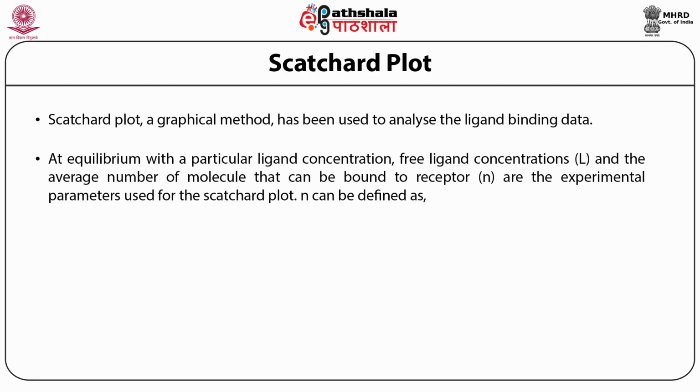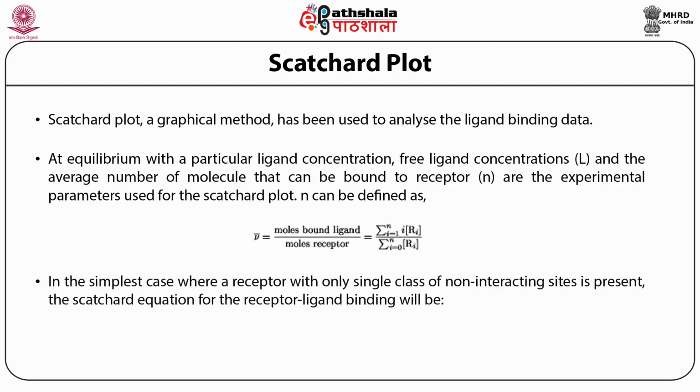The free ligand concentration and the average number of molecules that can be bound to the receptor are the experimental parameters used for the Scatchard plot, and N can be defined as moles of bound ligand divided by moles of the receptor, that is, the sum of the bound ligand divided by the sum of the receptors.